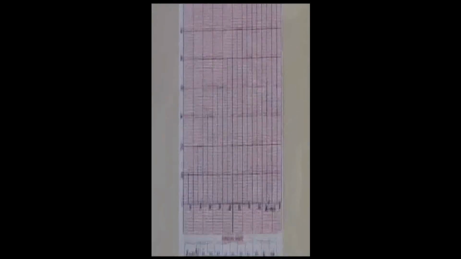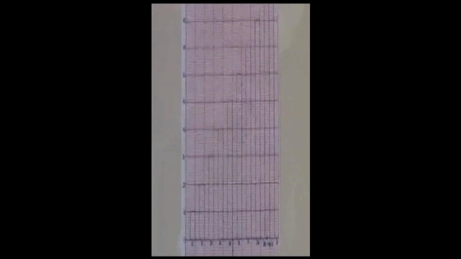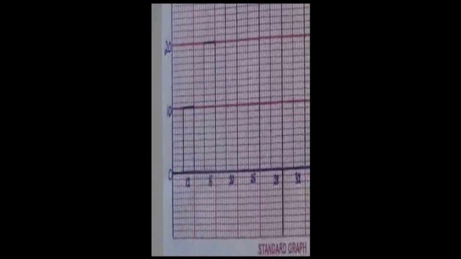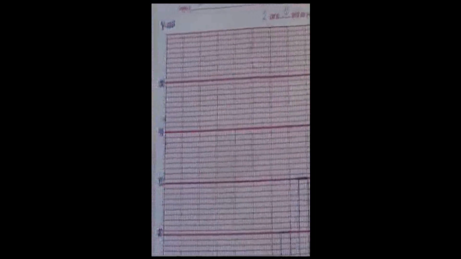When next you see this graph paper, you are going to see the bars already drawn. Now this is the bar chart drawn. You can see the sequence, how it increased to the highest point of 100 and descended to the lowest point of 10.